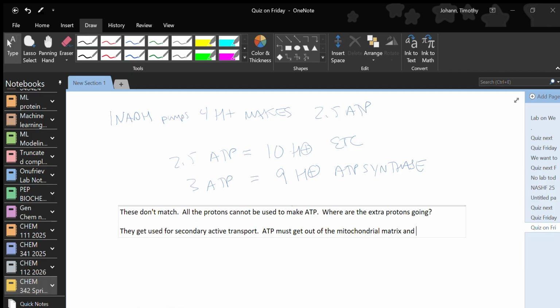And we need to bring ADP and phosphate back into the mitochondrial matrix. I'll do ADP and phosphate like that, so we don't have too many ands in the sentence. ADP, phosphate must be brought back in.